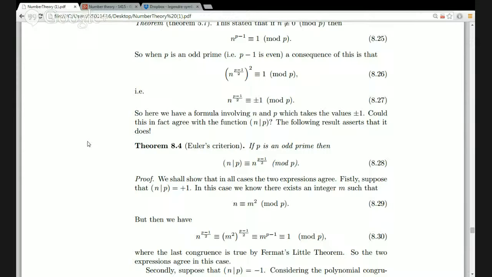So it's perhaps not useful for raw calculation for large arguments n and p, but it is nice to use as a basis for proving facts about the Legendre symbol. It's a very nice result to have, on top of which we can build other results.